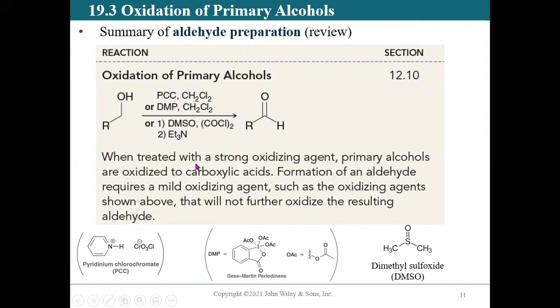When treated with a strong oxidizing agent, primary alcohols are oxidized to carboxylic acids. Formation of an aldehyde requires a mild oxidizing agent, such as the oxidizing agents shown above the name, and here are the structures. They will not further oxidize the resulting aldehyde.